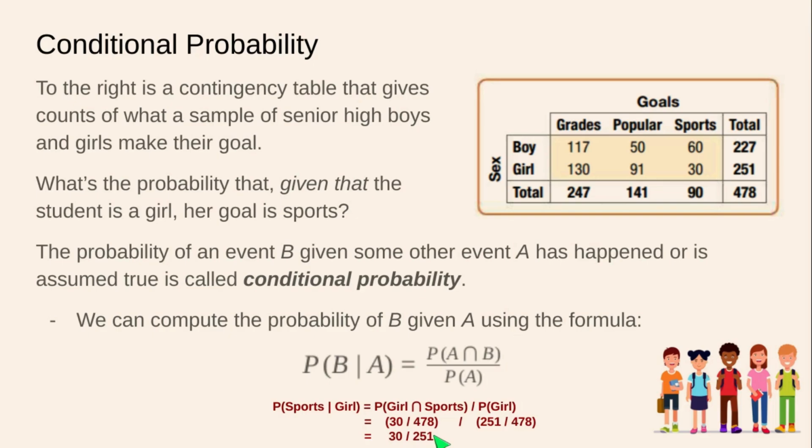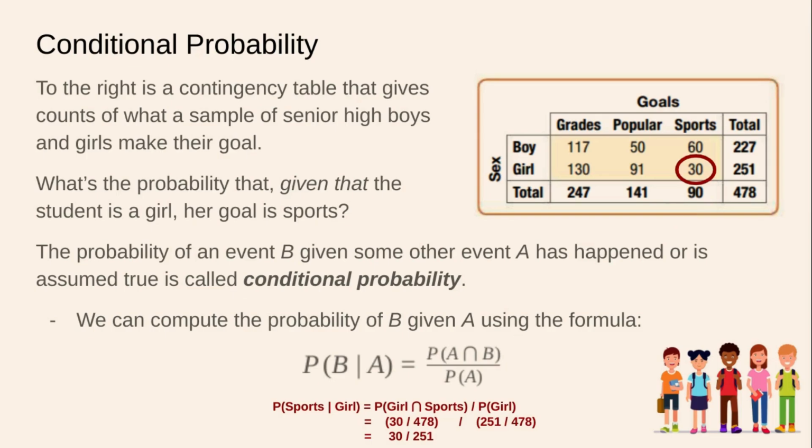And this makes sense. Consider what I'm about to do in this table over here. I'm only considering the female students, and specifically concerning the likelihood that they have a biggest interest in sports, that's their goal.